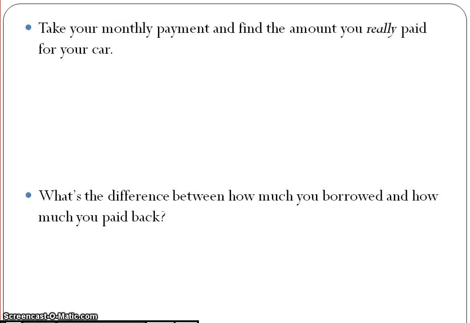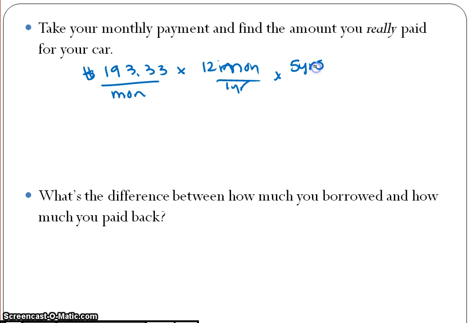So if we take our monthly payment, and our monthly payment is $193.33, we want to find out how much we really paid. Well, we pay this each month, and again, dimensional analysis, 12 months for 1 year, and we're doing this for 5 years. So cross off, we can see that it's $11,599.80.